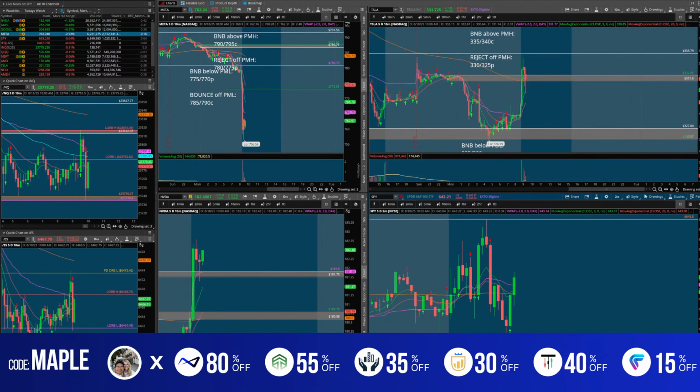There's the VWAP retest, ES. Choppy range. London orb high.